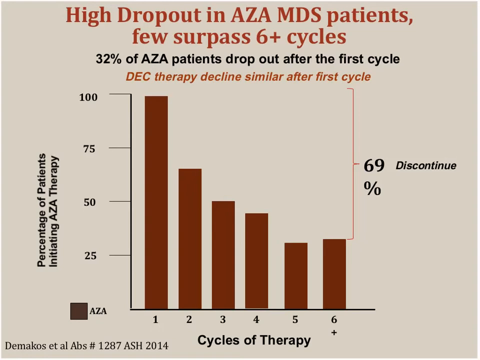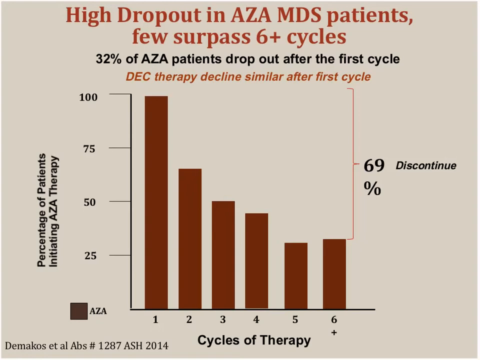So what these data show us is that 1/3 of the patients dropped out after cycle 1, and more than half the patients were finished with treatment, taken off HMA-based therapy by the end of 3 cycles.